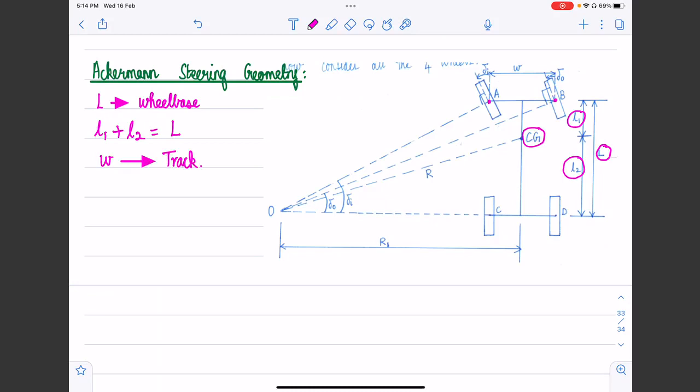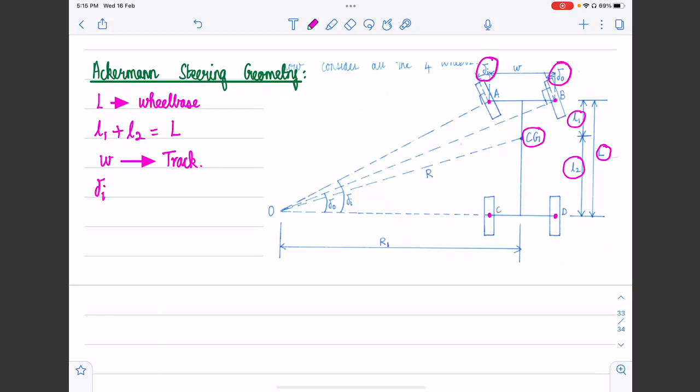Now, of course, C and D indicate the center points of the rear wheels, where they contact the road interface. Delta I and delta naught are the steering angles of the inner and the outer wheels.